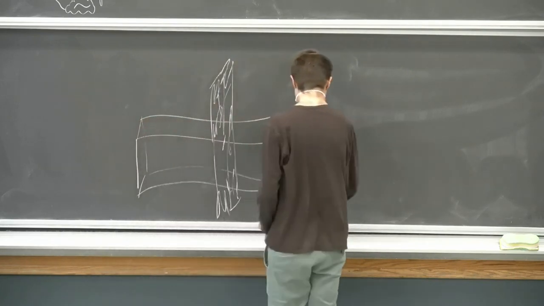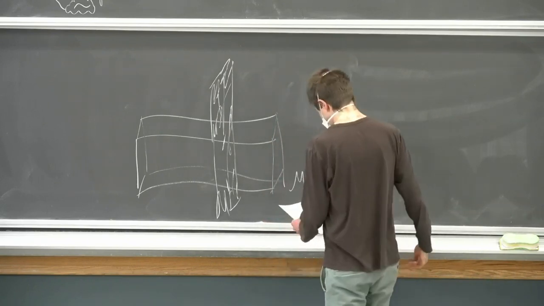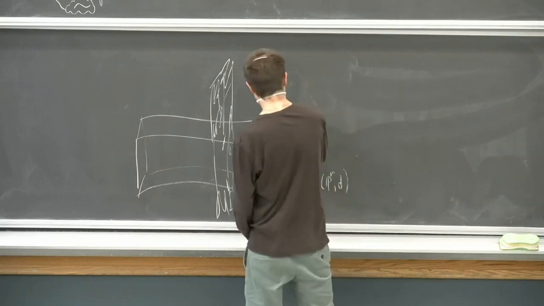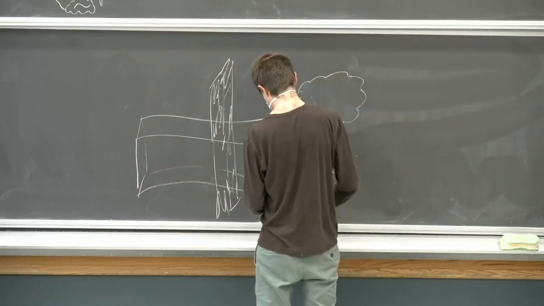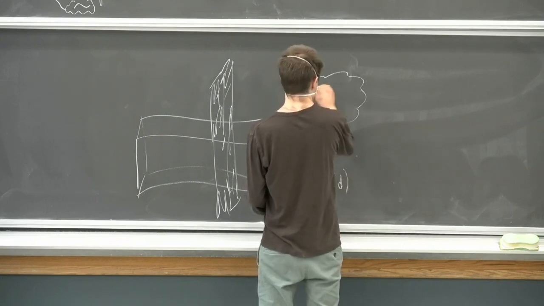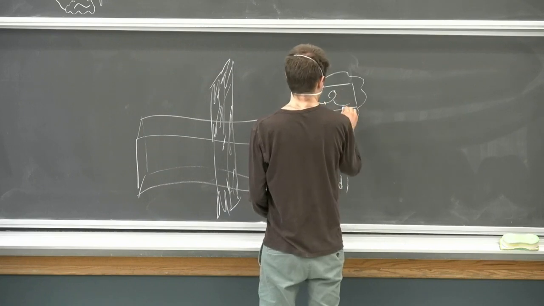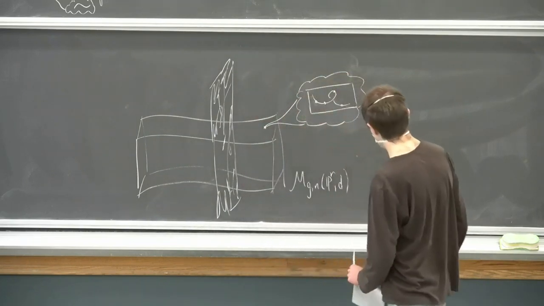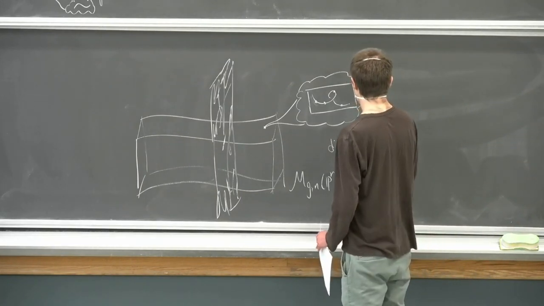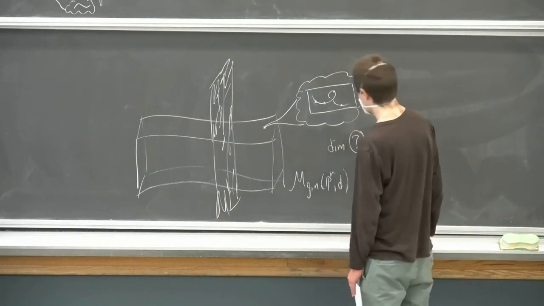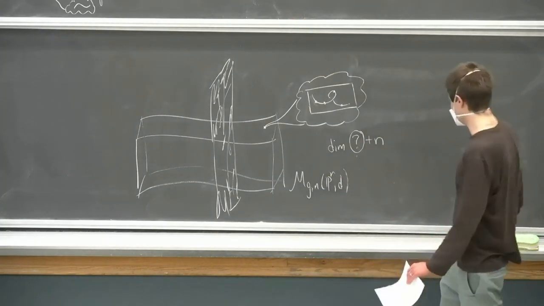So this is my cartoon picture of M_G,N P^R D, and each point on it parameterizes a curve with n points on it, and this will be dimension, whatever the dimension of that space is, plus n, because I have to pick my n points on this curve.